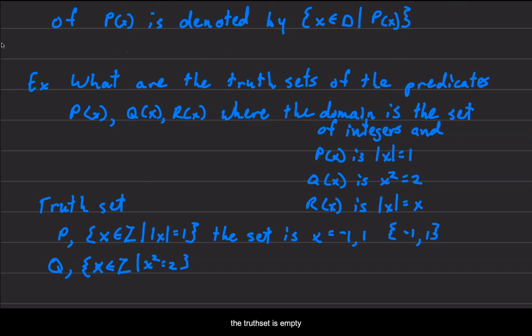The truth set is empty, because, let me make that more clear, square root of 2 is not an integer.